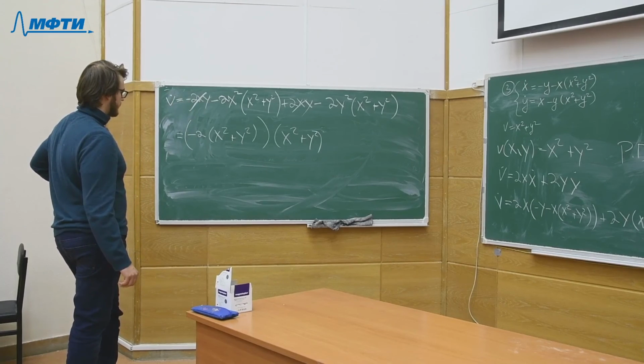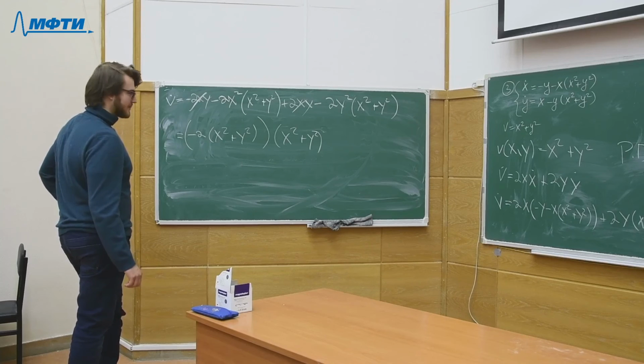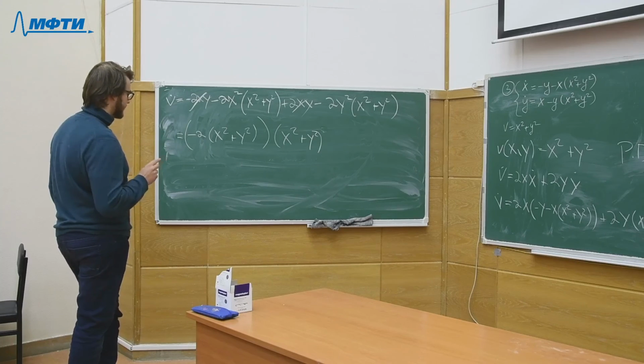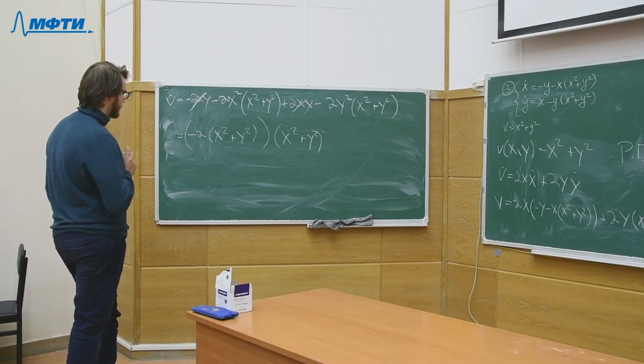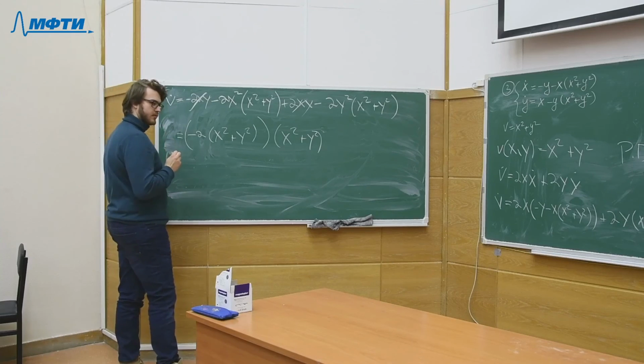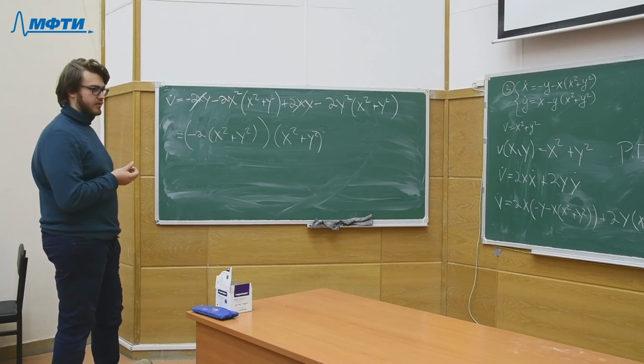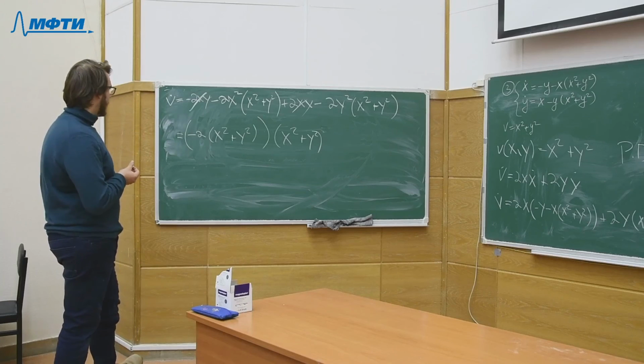Is it positive definite or negative definite? If we substitute some values for x and y, will it be a positive or negative value? If we substitute 1 and 1, it will be negative because it is multiplied by negative 2.